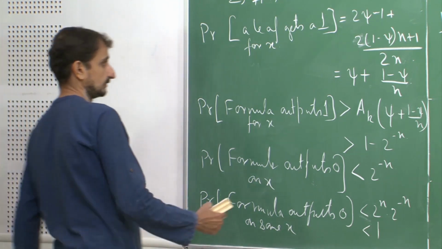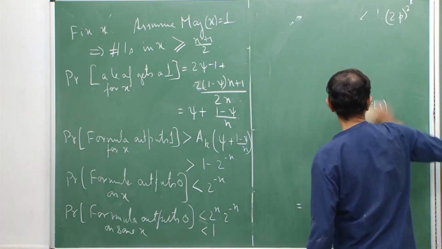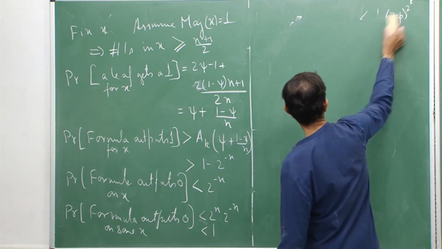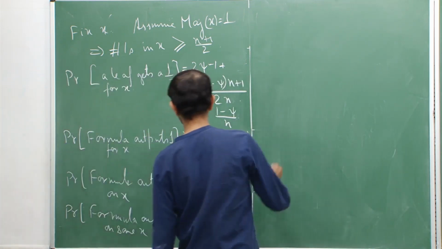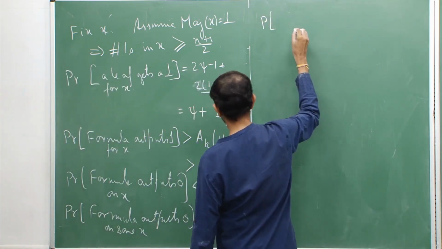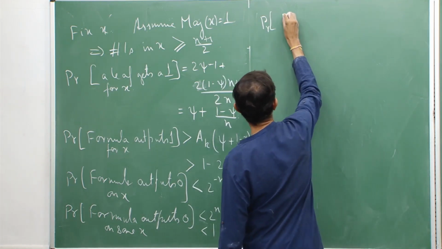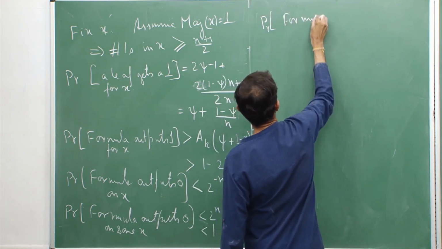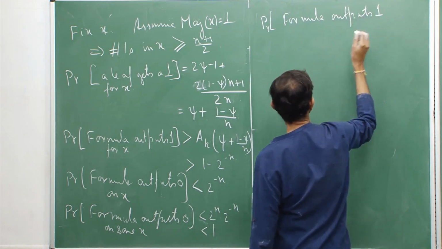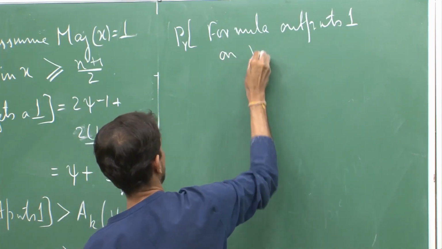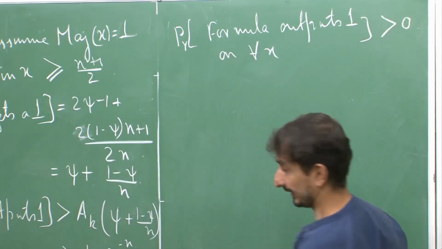And the negation of this is nothing but what we want, that the probability that the formula outputs a 1 on all x is greater than 0.